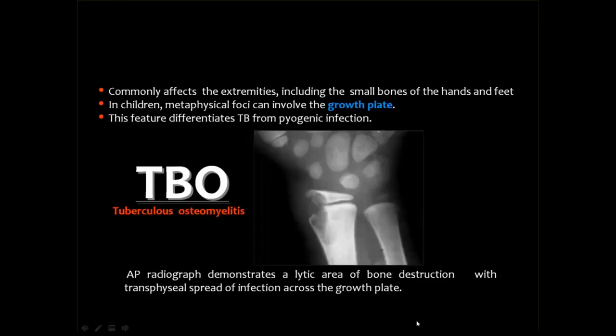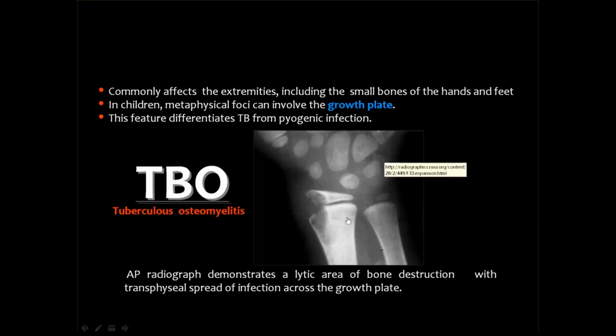Then we come to tuberculous osteomyelitis, which usually affects the extremities, including the small bones of the hands and the feet. In children, whenever you see an osteolytic lesion that has crossed the physeal plate into the epiphysis, this is considered one of the pathognomonic features of TB osteomyelitis.